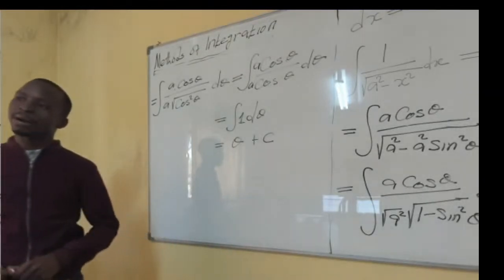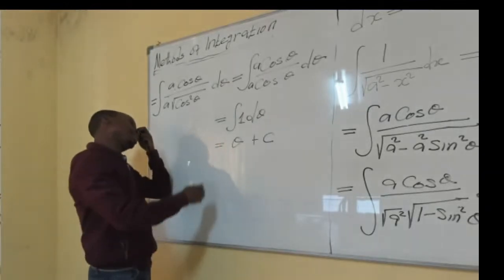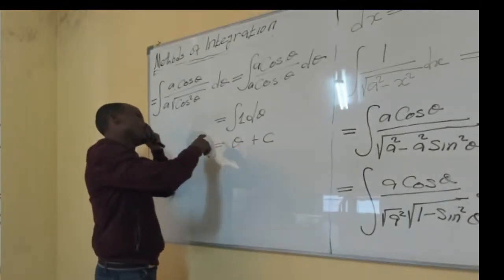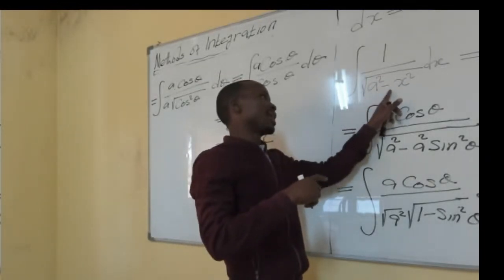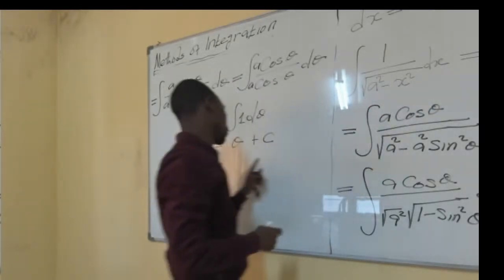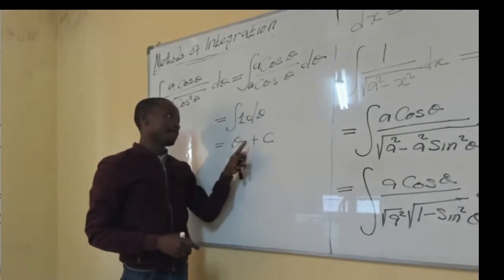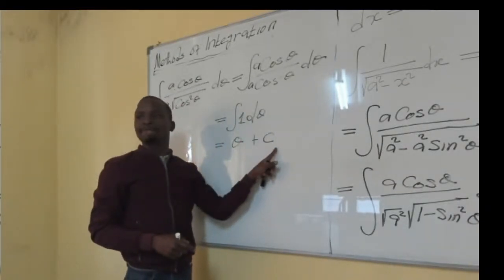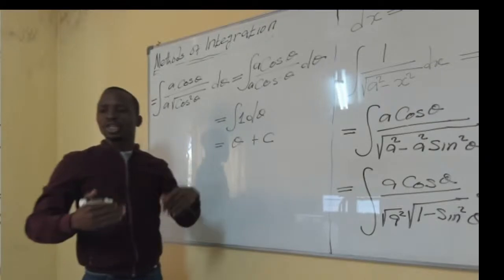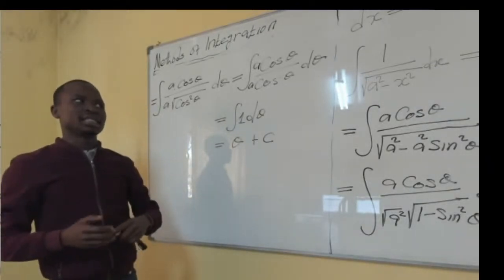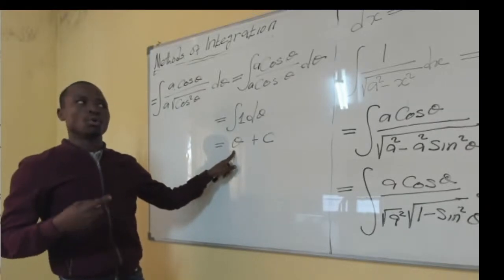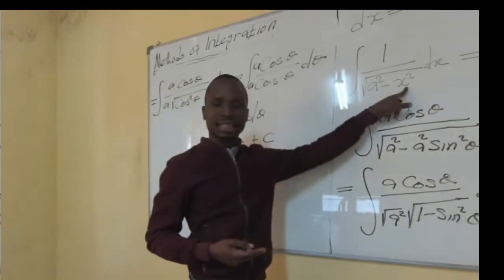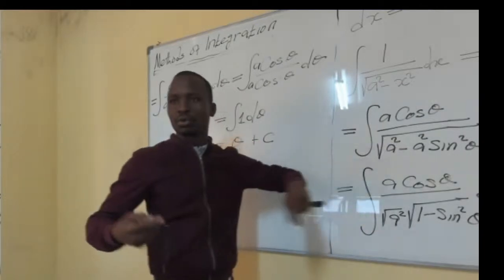What you have come up with is that the integral of 1 over the square root of a squared minus x squared dx is equal to theta plus c. But was our variable of integration theta, or was it x? The variable of integration was x.